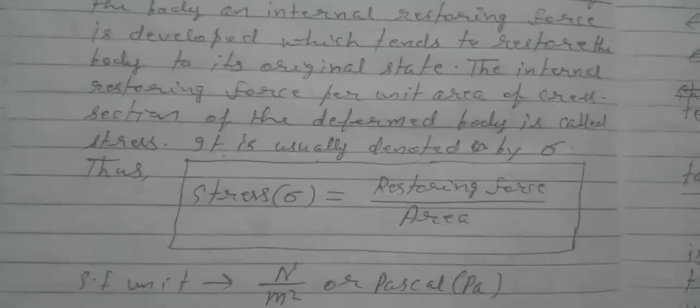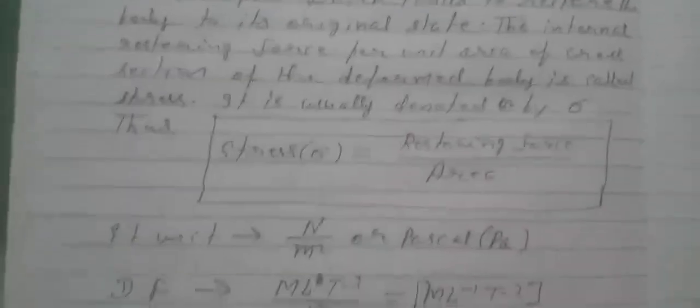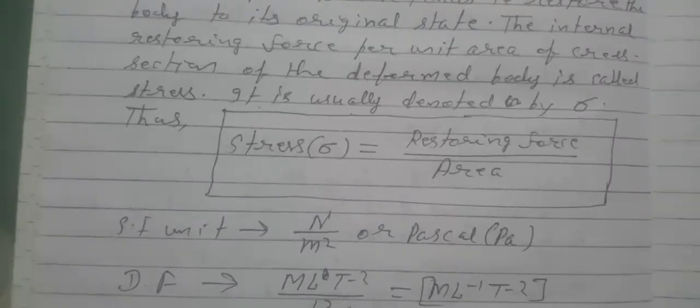Thus, stress equals restoring force by area. SI unit of stress is Newton per meter square or Pascal. It is also the unit of pressure. The dimensional formula is M L T minus 2 by L squared, that is M L minus 1 T minus 2.